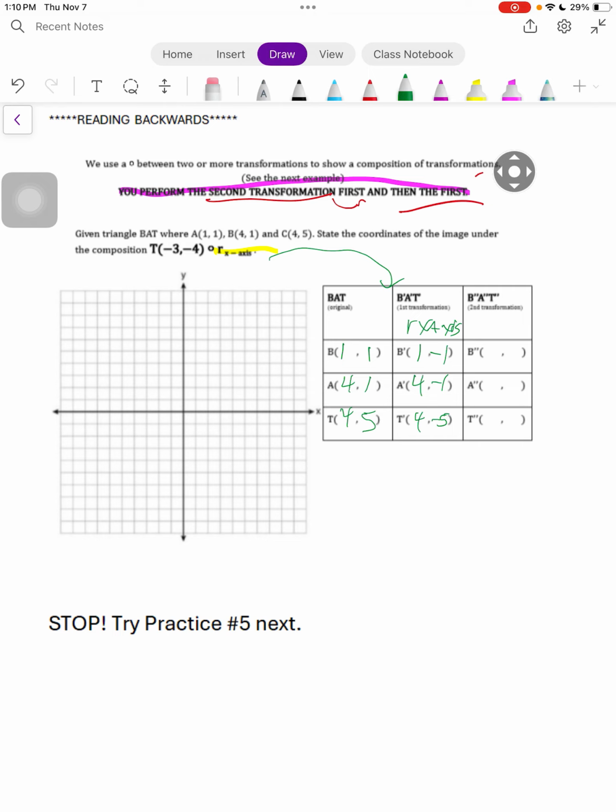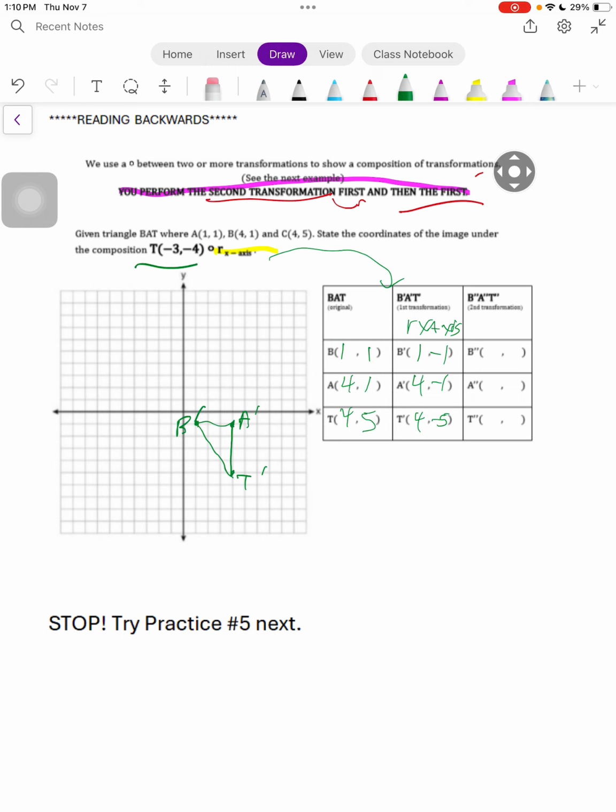So we got (1, -1), (4, -1), and (4, -5). This is our prime, B'A'T'.